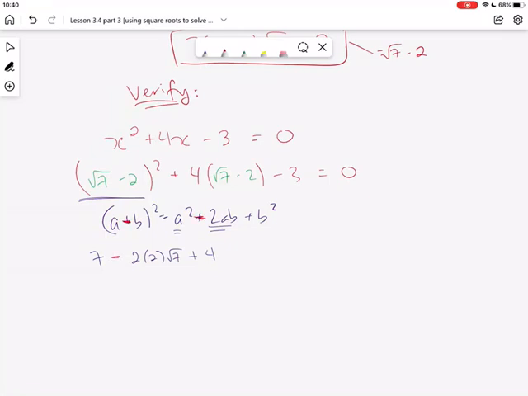Because this is a negative sign, that should make this guy negative. There you go. So there's your first bit. And then the next one is going to be 4 times root 7 minus 4 times 2. So I'm going to have plus 4 root 7, minus 4 times 2, which is 8, and then I have minus 3.